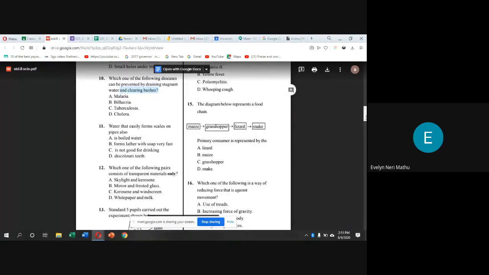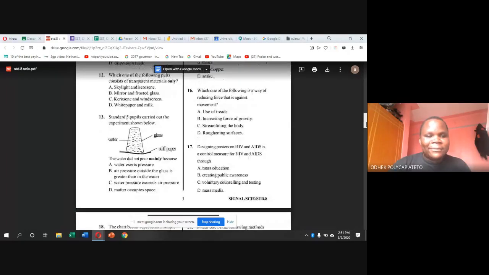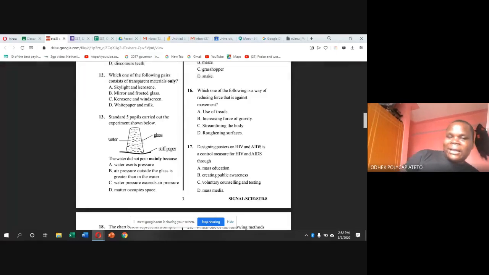Number 13. This is an experimental diagram. These are the diagrams that we call experimental diagrams. Five pupils carried out the experiment shown below. Water is inside the glass, and then we have stiff paper. The water did not pour out, that is the observation. Remember we said you make sure you have observation and conclusion.